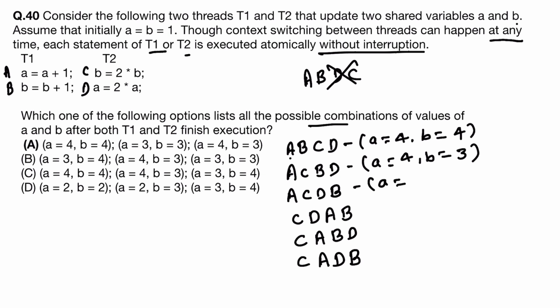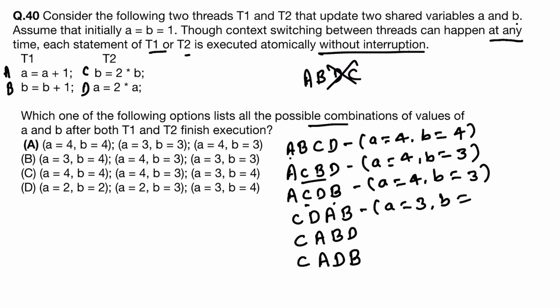Here for A, A is followed by D. So A will be 2, then 2 times gives 4, and B will be C then B, so 3. After C, B, for A, at first D, then A: so 2 plus 1 is 3.